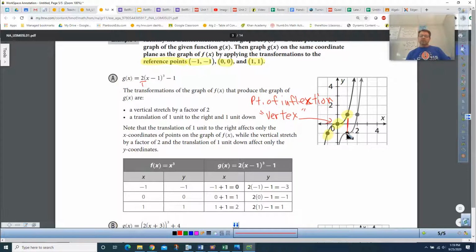You go up 2 over 1. See that? See that rise over run thing? Over 2. Up 2 over 1. See how that works? And so you can use these 3 points here to do a pretty good job of either doing a quick sketch, pretty accurate sketch, or if you have the picture, to use that and turn it into the equation itself. We'll do that in just a moment.